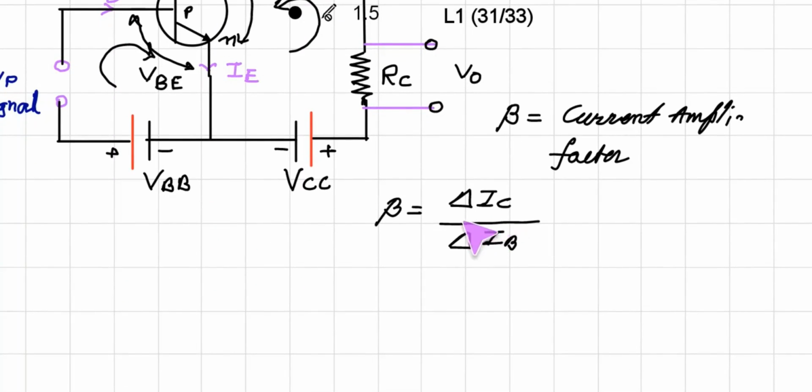We know that IE is equal to IB plus IC, and the base is very lightly doped, so a very small amount of current passes through the base. Naturally the value of IB is very small with respect to IC, and therefore beta is always greater than 1.